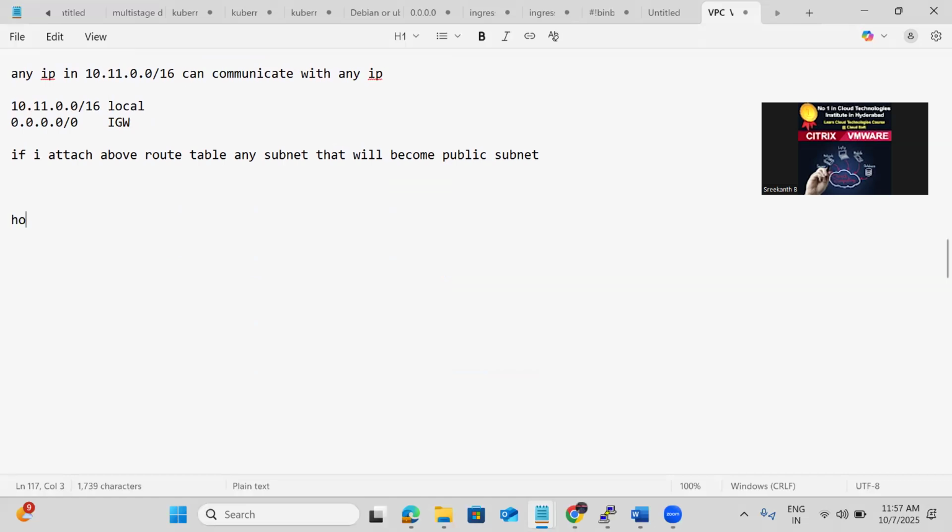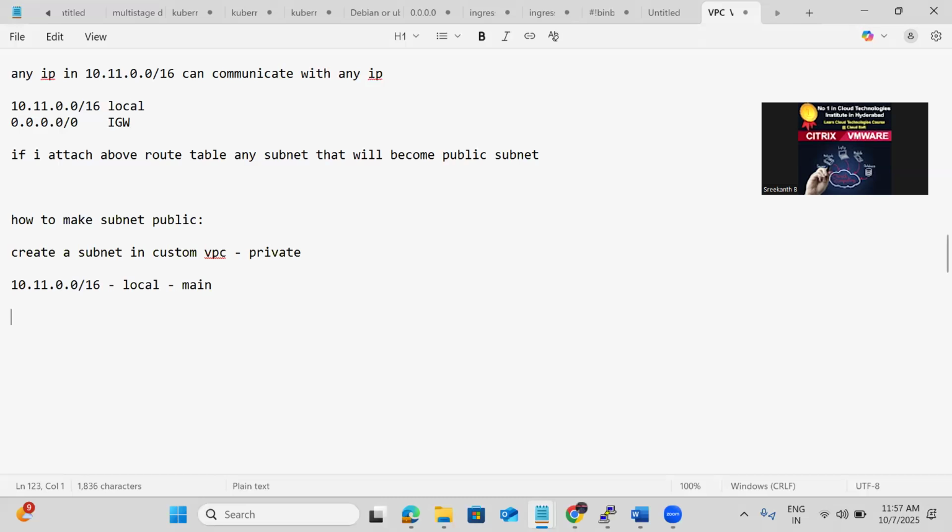How to make a subnet public, we'll discuss. Create a subnet in a custom VPC. By default, that would be private itself. And we'll get 10.0.0.0/16 local. By default, the main route table is attached with this rule.